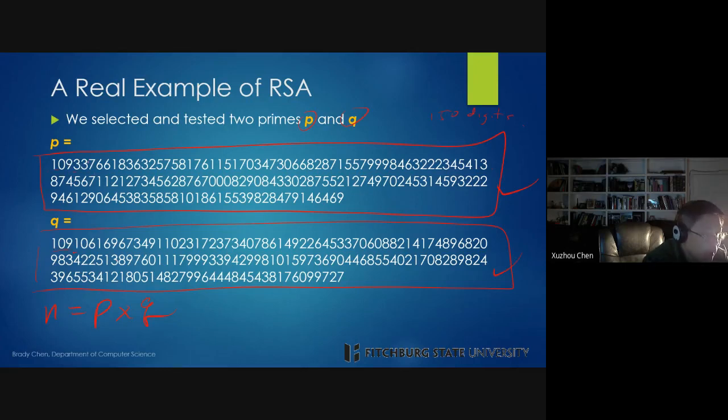I tell you these are two prime numbers because I tested P and Q using Miller-Rabin. Now you have an idea what kind of number RSA is going to use. RSA is going to use a huge number. I'm not kidding. Now these two numbers, what do you think? Are they huge?